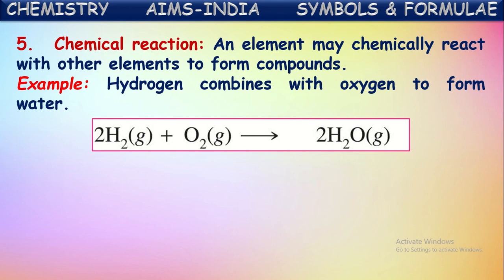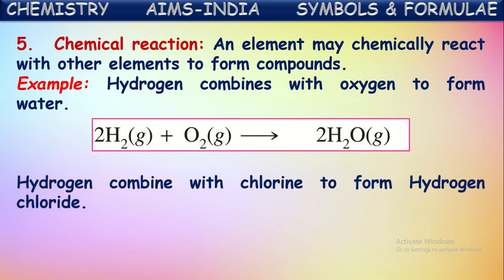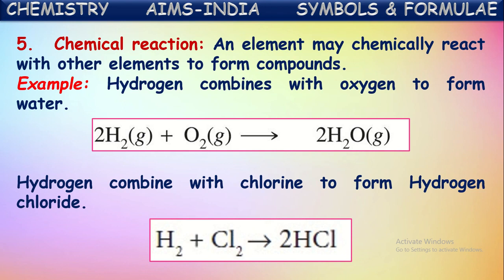If we see one more example, hydrogen combines with chlorine to form hydrogen chloride. So hydrogen here is an element, chlorine is another element. When these two elements combine together, they form hydrogen chloride. This can be represented chemically with an equation: hydrogen combines with chlorine to form hydrogen chloride.